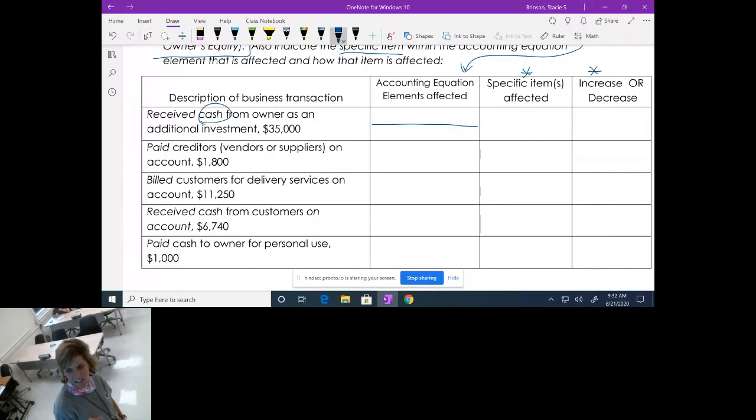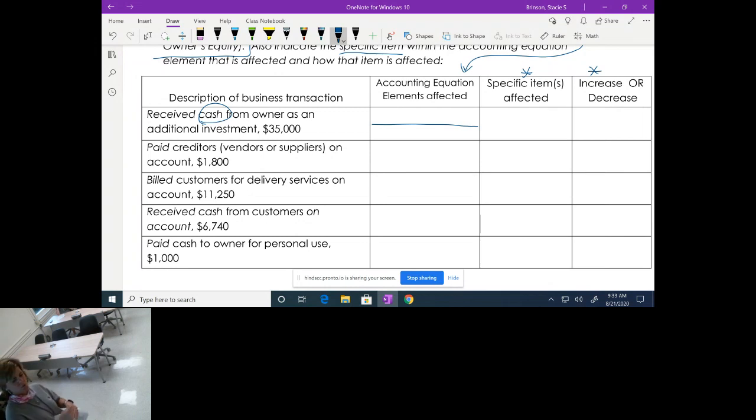So received cash. And just so you know how to use these helpful keyword lists, I can get back to it in those last few pages. If you look back at your keyword list, this one says received cash. I've got paid on here. Do I have received cash? I do not.